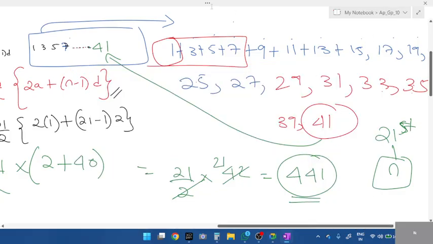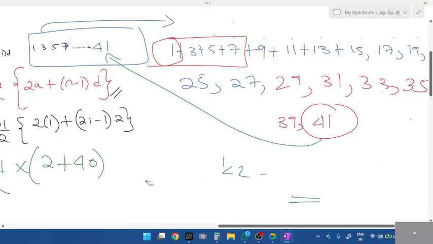In the previous question, only that position was given. But now position is not given, students. Position is not given. Direct 41 value is given.